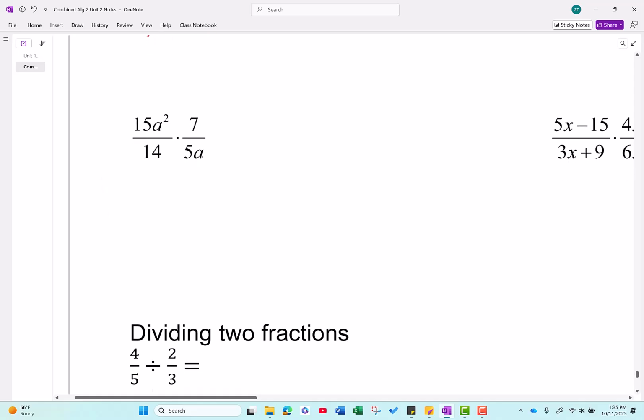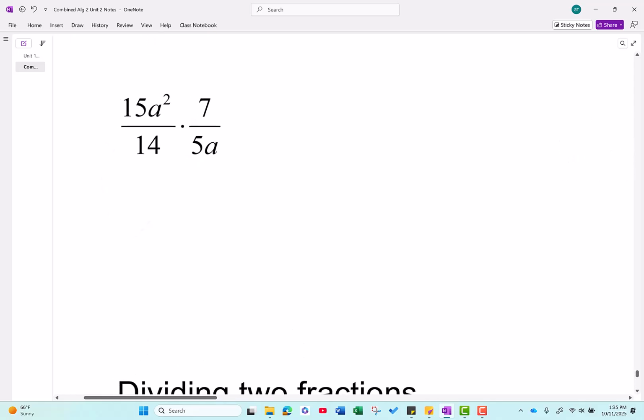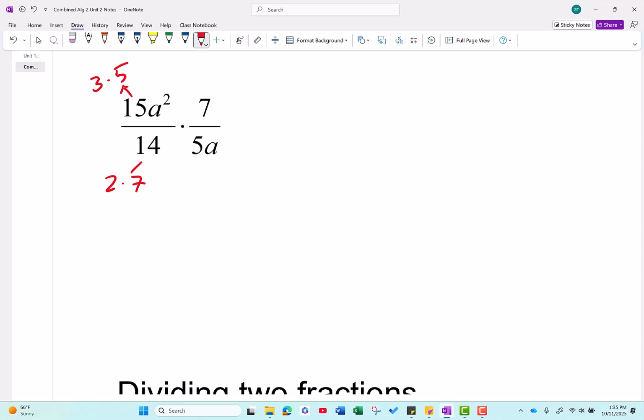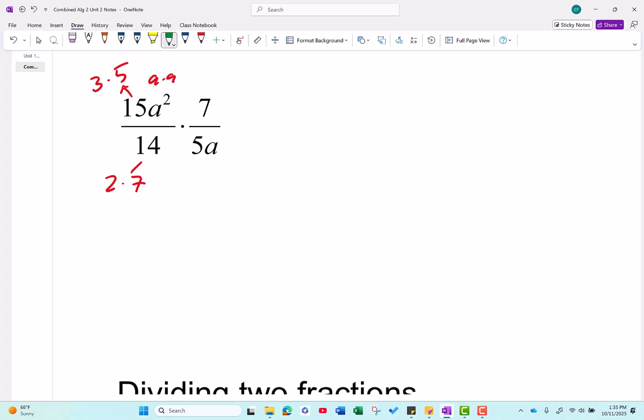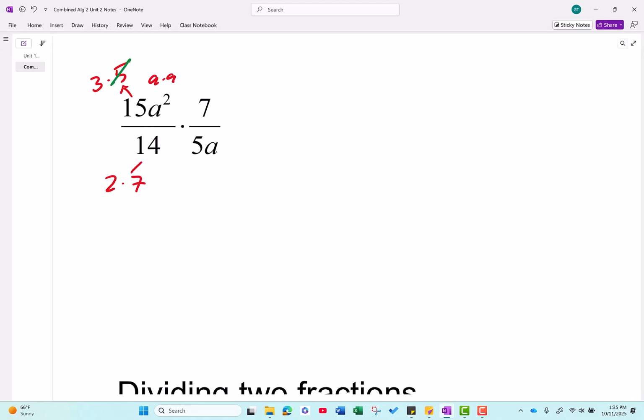And so again, we're trying to simplify these things. If I look at this, I might see that this is 3 times 5, I might see this is 2 times 7, and this is a times a. Well, that means I have a 5 up there and a 5 down there, an a there and an a there, and a 7 there and a 7 there.